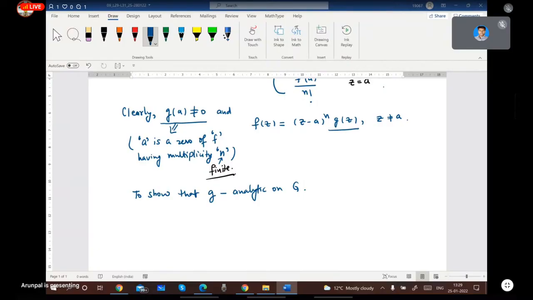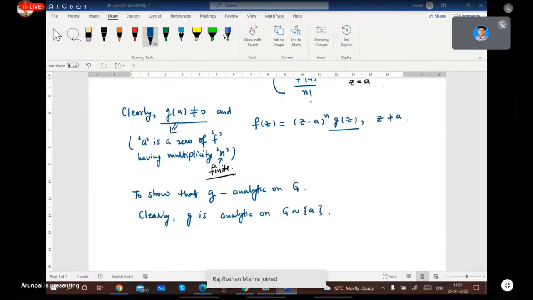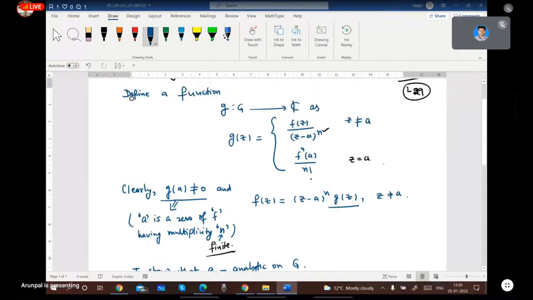Now clearly, g is analytic on G minus a. Class, if you take z not equal to a, then you can clearly see that g will come out to be analytic, the reason being the way it is defined.